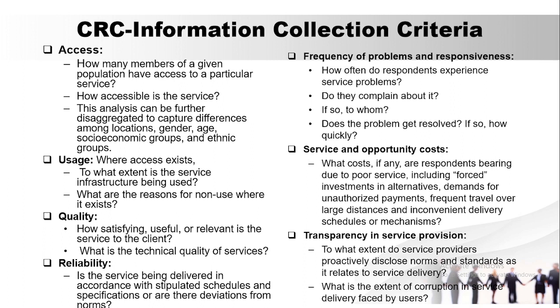What costs does someone go through to access the service? For example, you can see that in Uganda here, the access and usage is still low. When you go deep down in villages, very many have low access to healthcare services or health centers.